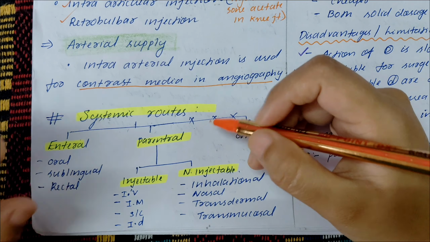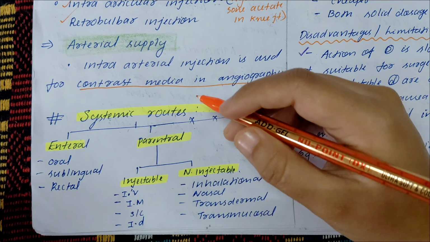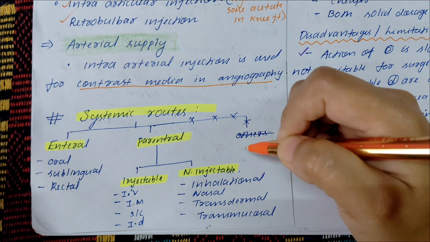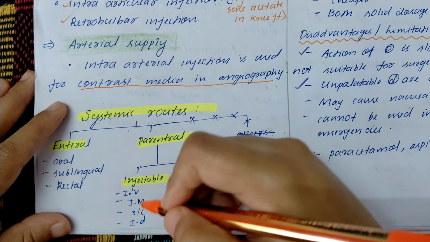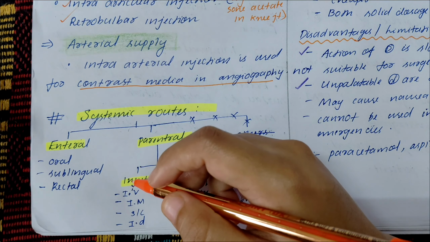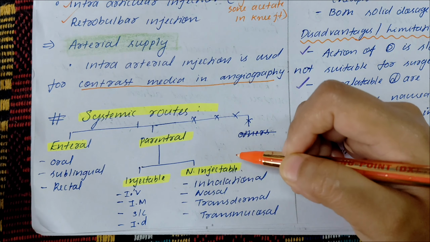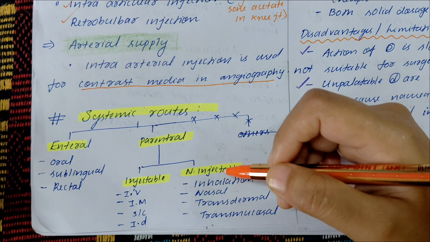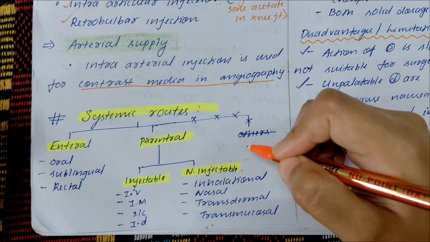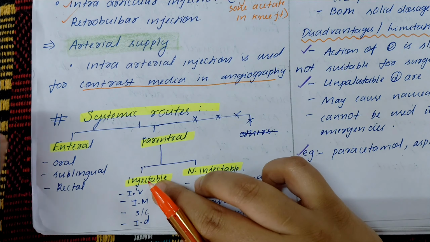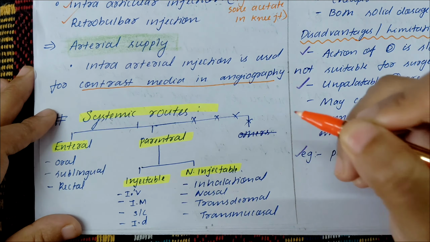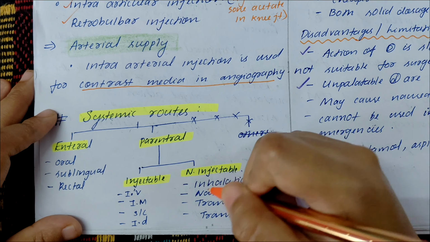Parenteral means we are directly injecting it. There are two types, injectable or non-injectable. Injectable subtypes are IV, intravenous, intramuscular, subcutaneous, intradermal. These are examples. Non-injectable means inhalational, nasal, transdermal, transmucosal. Here we will discuss all the injectable in detail, and among non-injectable we will mostly discuss transdermal.